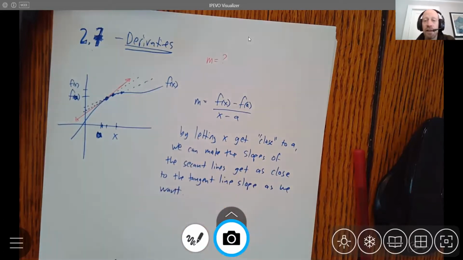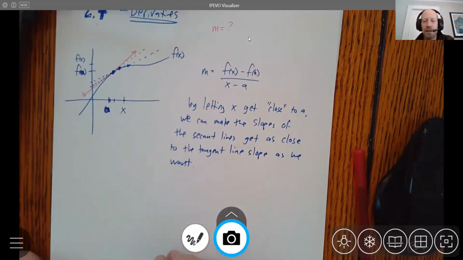Now that's not very formal mathematical writing, but you should recognize that as our limit definition, right?